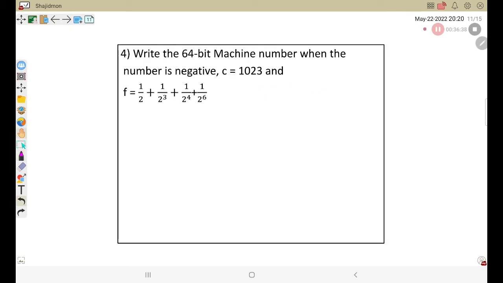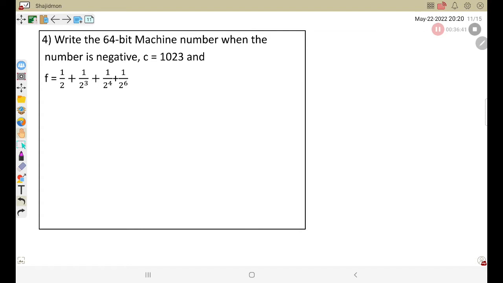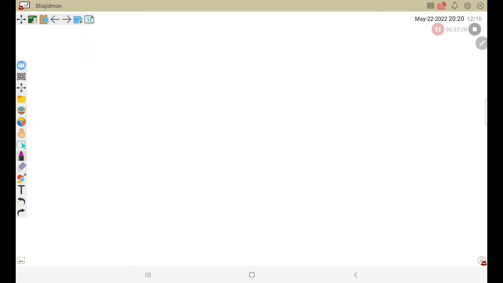Question number 4. Something different. Write the 64-bit machine number. That is the question. Write the 64-bit machine number when the number is negative and c equal to 1023 and f equal to 1 over 2, 1 over 2 power 3, 1 over 2 power 4 plus 1 over 2 power 6. So actually what is the question? We need to write the 64-bit machine number.